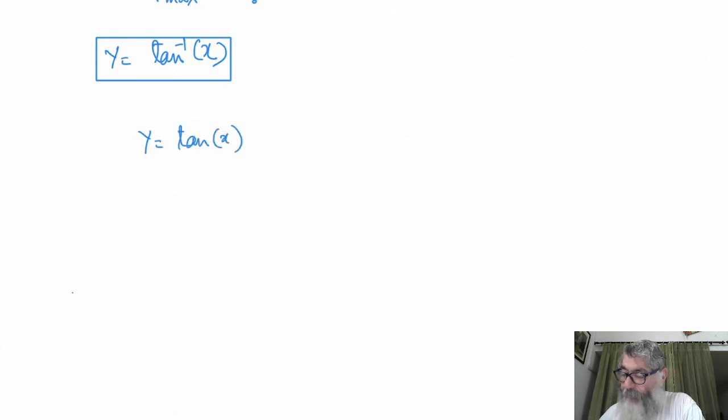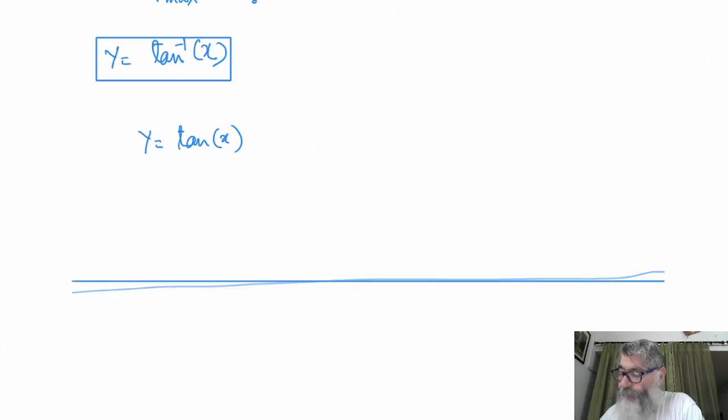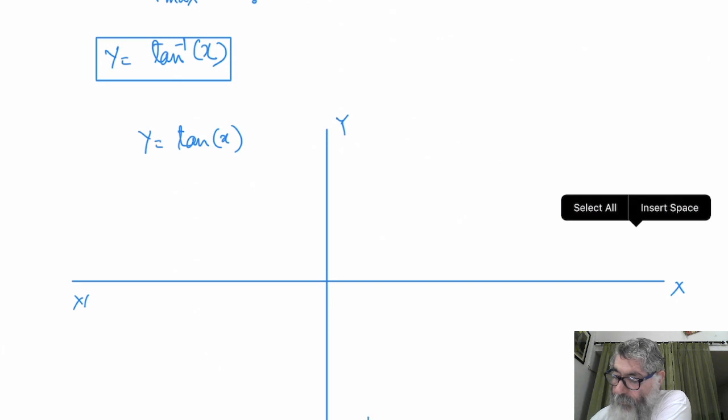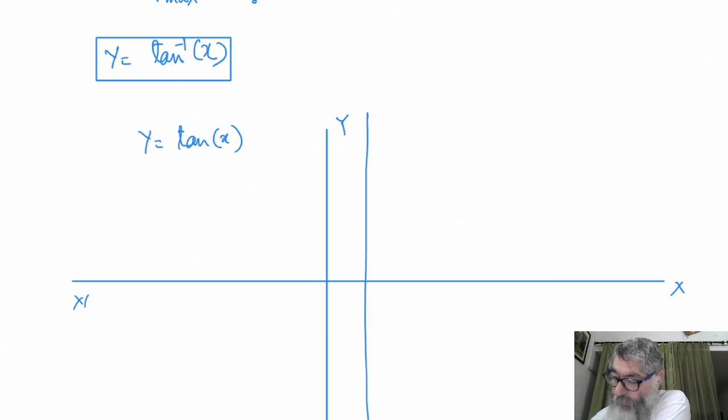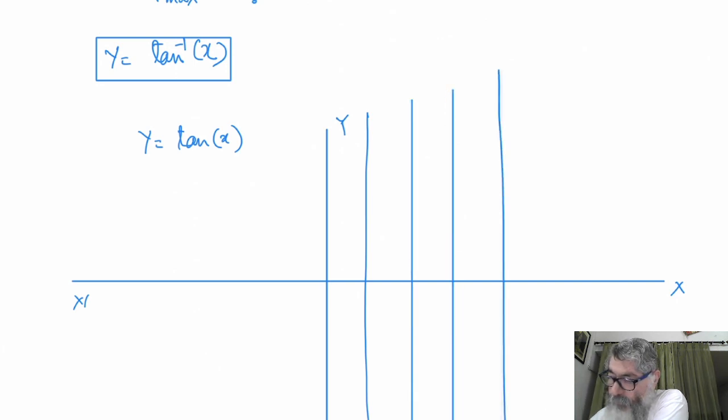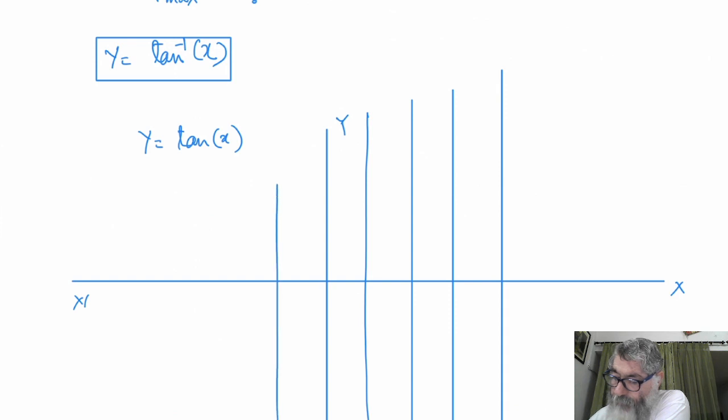Again the same thing. We are going to draw the lines here. This is x dash, then you draw y dash, and then we draw the vertical lines. This way you will be able to remember the curve.